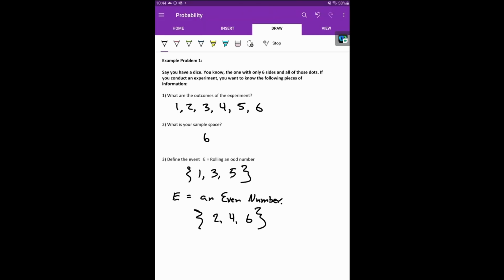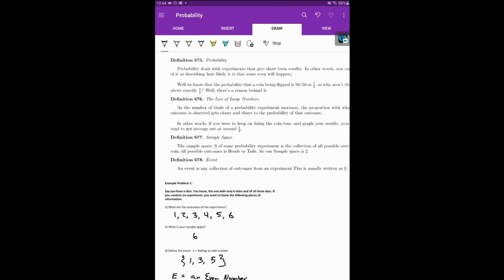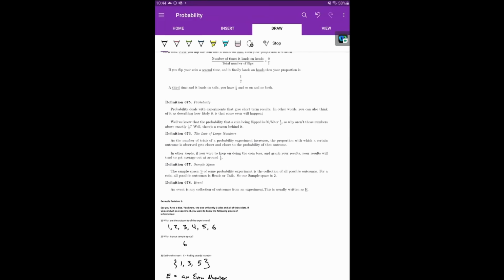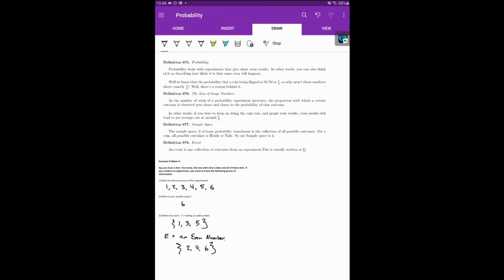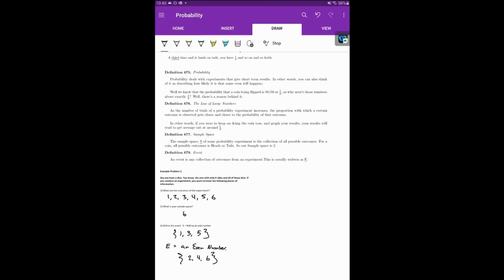Just to recap, probability deals with the likelihood of something happening. The law of large numbers essentially means that as you repeat an experiment many times, the results tend to approach the probability of the outcome, like 50% for a coin.